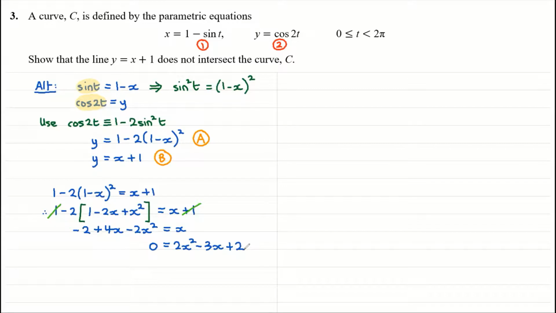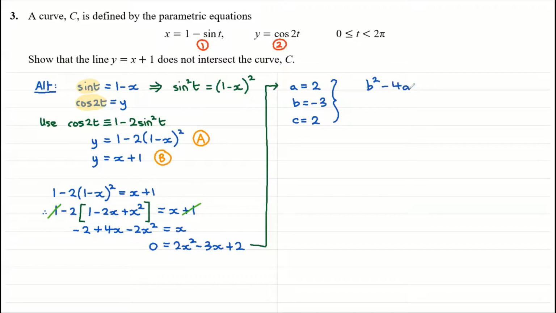So we now have a quadratic again, and we'll go back up to the right-hand side, so we've got a bit more space. So once again, let's have a look at the discriminant. We have a is equal to 2, b is equal to -3, and c is equal to +2. Right, putting all those into the discriminant, b squared minus 4ac, what do we get?